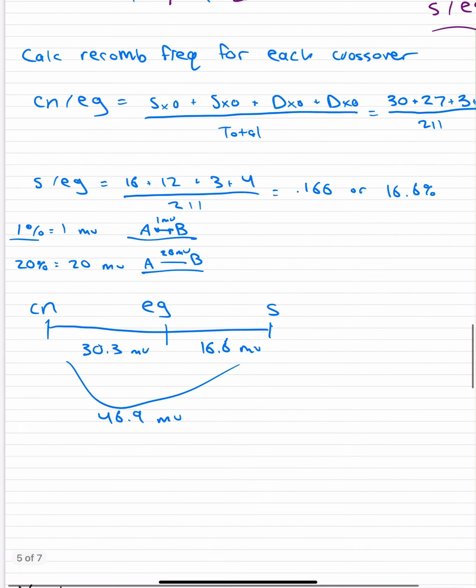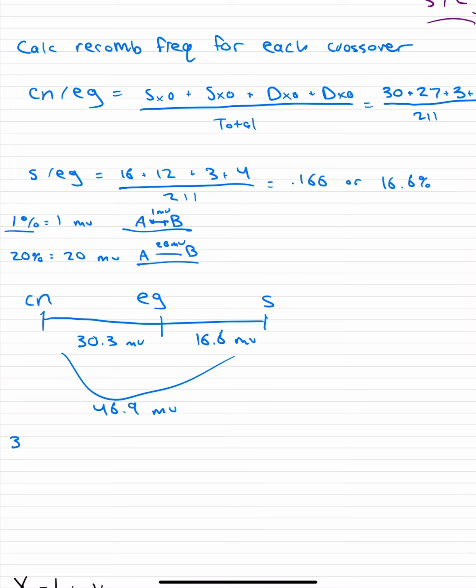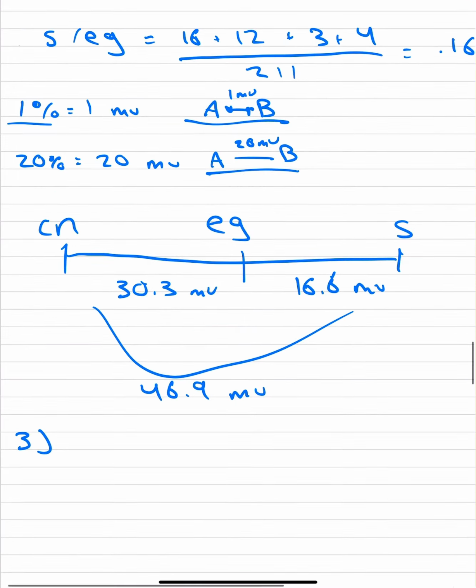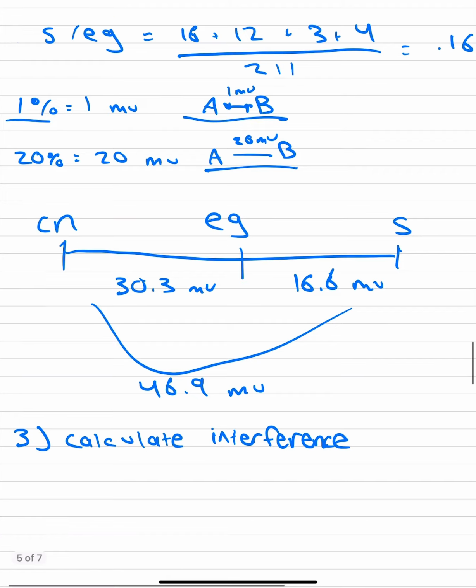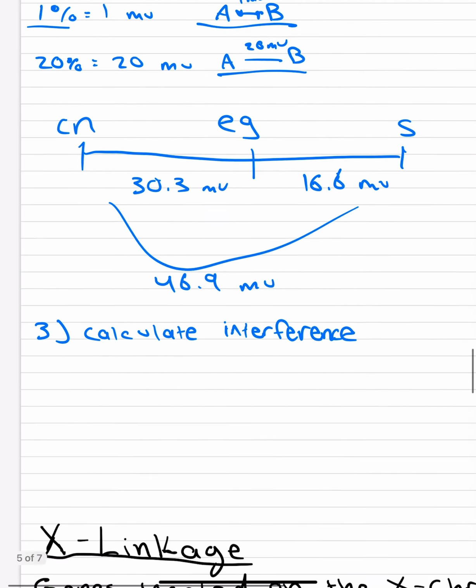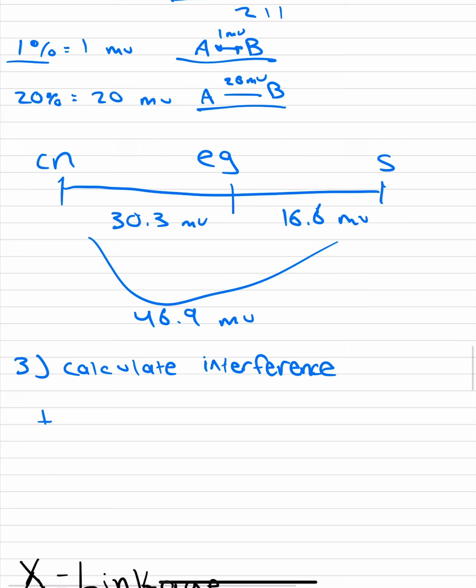Now let's go to step 3, which is to calculate the interference and coincidence and coefficient of coincidence. In order to calculate interference, you have to use the equation I equals 1 minus the double crossovers we had over the expected double crossovers.